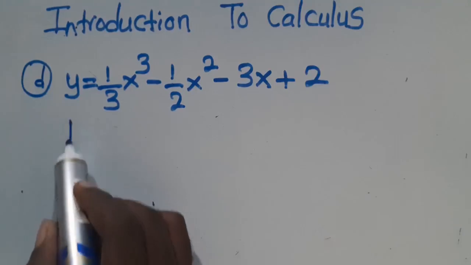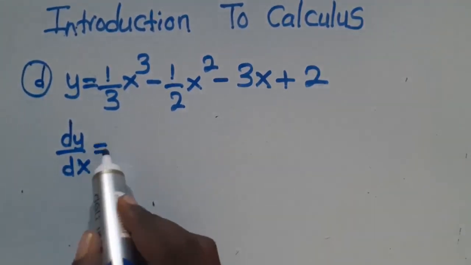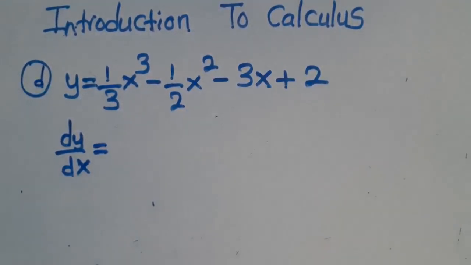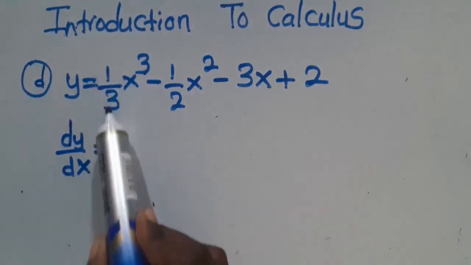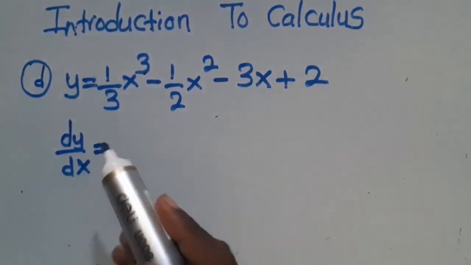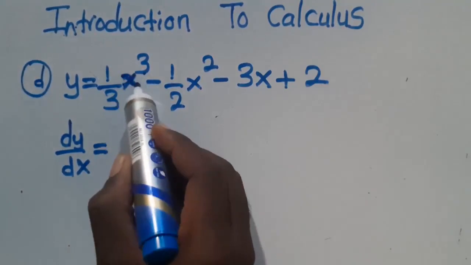You say dy dx is equal to, so what is happening is that you need to multiply power times the coefficient. This is the coefficient. To make you understand, I'm going to show the steps here so that you know what is happening. So you want to differentiate this.